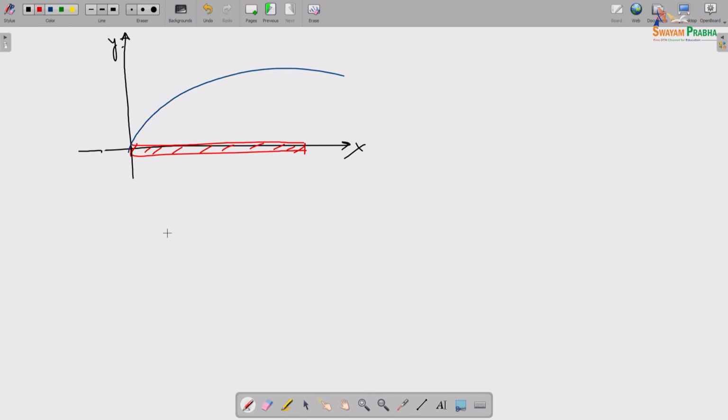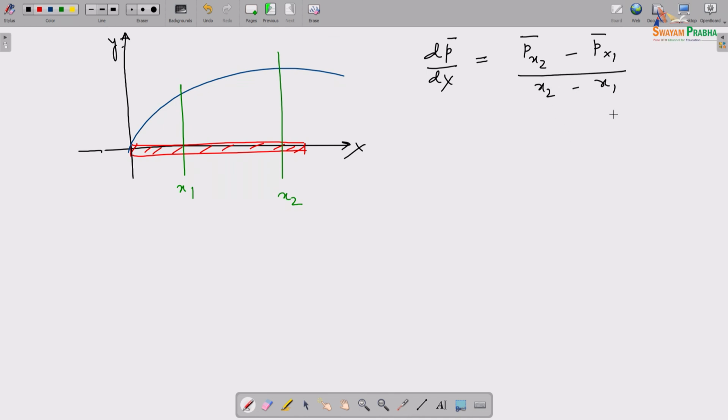So then I take two locations, one location is here, the other location is here, this is x1, this is x2. And we have just said that dp/dx in this case is equal to p mean at x2 minus p mean at x1, by x2 minus x1.